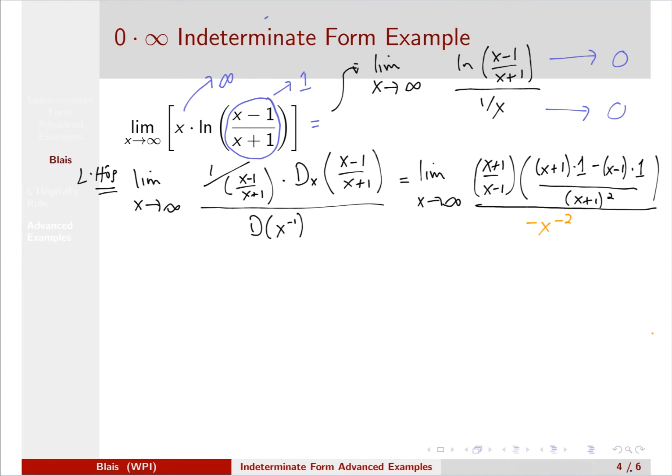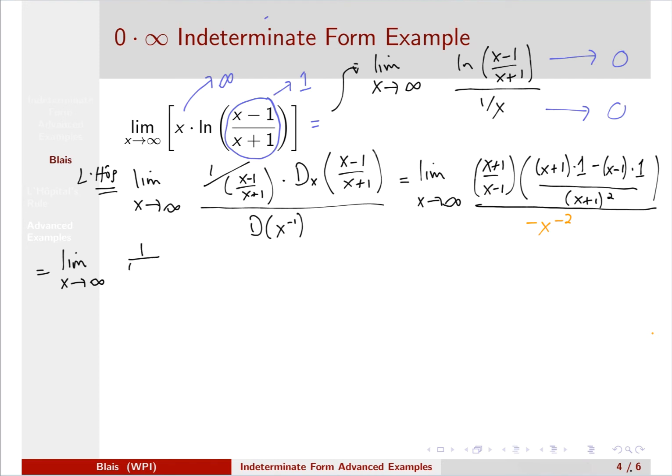Now the work is really algebra, because we need to simplify this expression. So this is the limit as x goes to infinity. We see x plus 1 cancels with one of the x plus 1 terms here. So in the overall numerator, we will have an x minus 1 and an x plus 1 surviving.